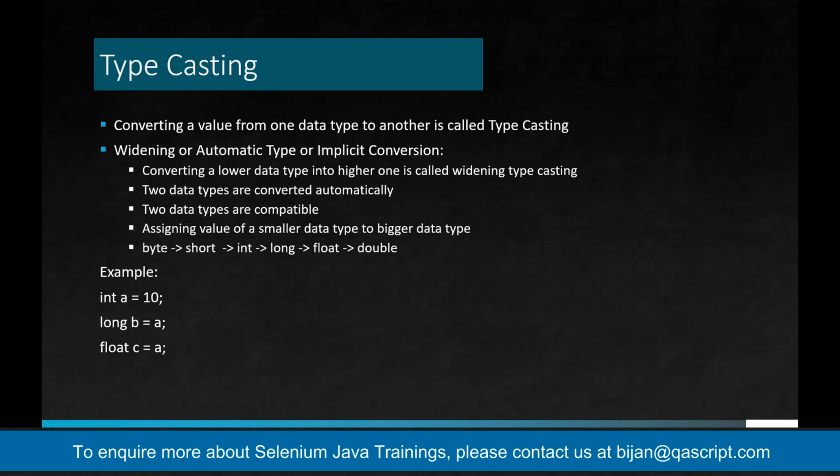Similarly for float. Since we are converting from a lower data type to a higher data type, it will be done automatically by the Java compiler. Any questions on this? So this is one type of typecasting in Java, which is the implicit.